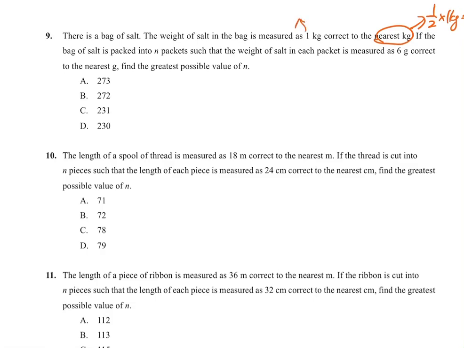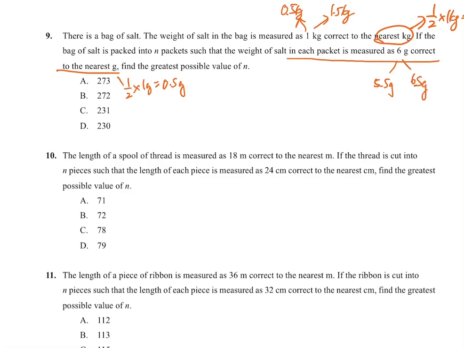So we have the lower limit of 0.5 kg and the upper limit of 1.5 kg. Similarly, each packet is 6 grams corrected to the nearest gram. Again, half of 1 gram is 0.5 gram. So the lower limit 5.5 grams and upper limit 6.5 grams is achieved.